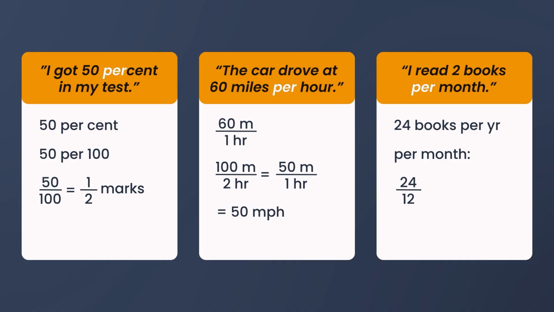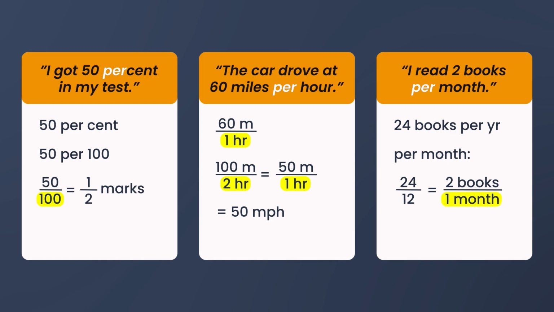So books on the top, months on the bottom, which simplifies to 2 books per 1 month. The thing to notice in all of these examples is that the per thing should go on the bottom of the fractional ratio. So per cent has 100 on the bottom, per hour has the hours on the bottom, per month has the months on the bottom.